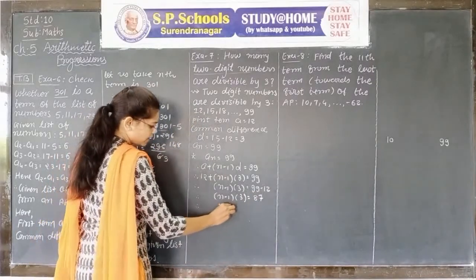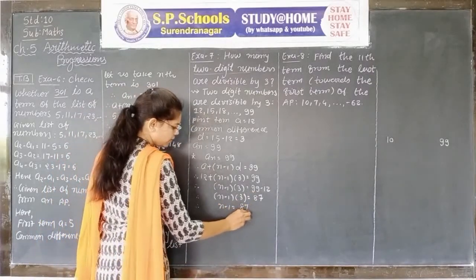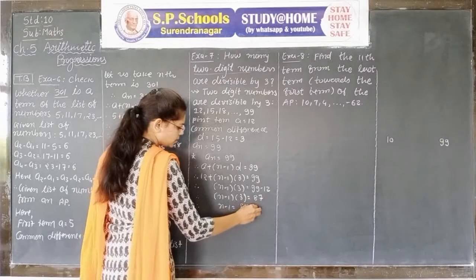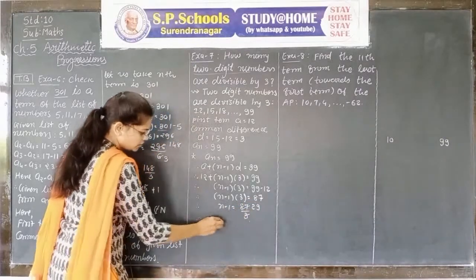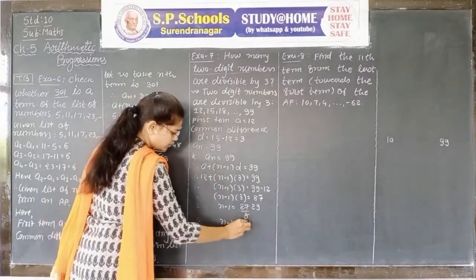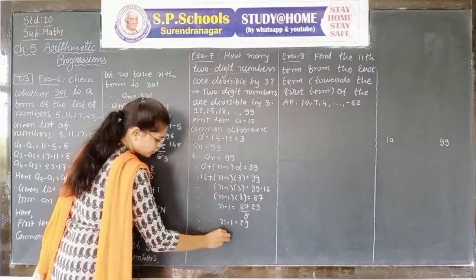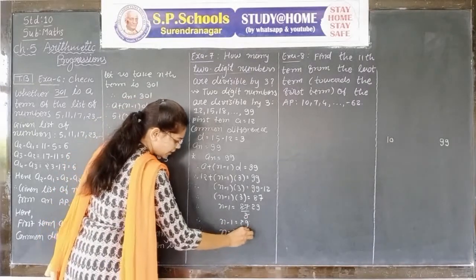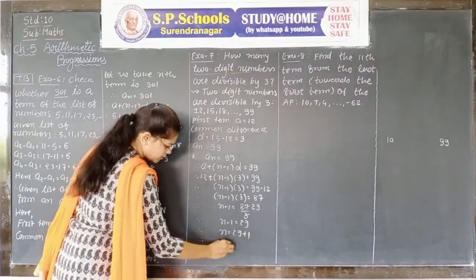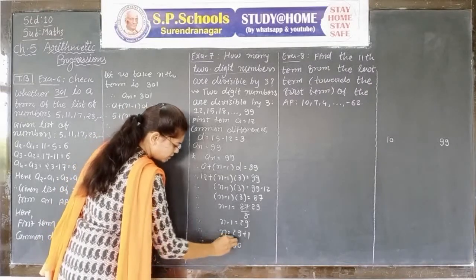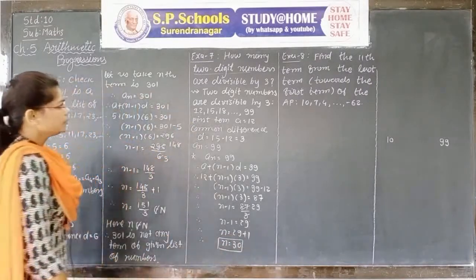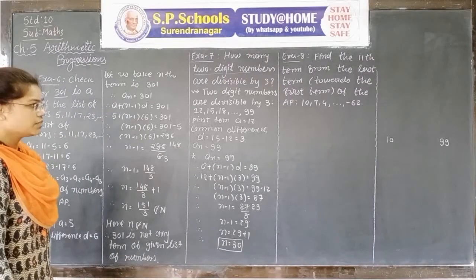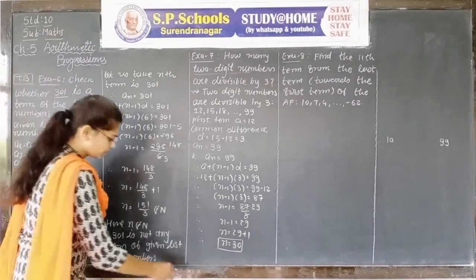That's why n minus 1 is equal to 87 upon 3. 3 2s are 6, 3 9s are 27. That's why n minus 1 is equal to 29, and therefore n is equal to 29 plus 1, and n is equal to 30. Here the answer is obtained. How many 2-digit numbers are divisible by 3? 30.